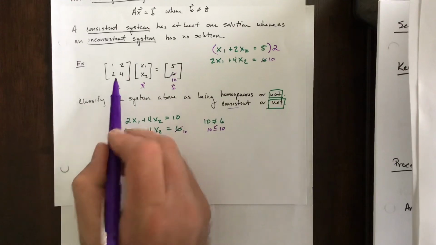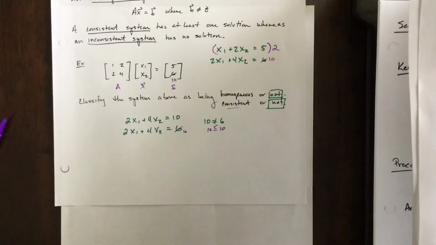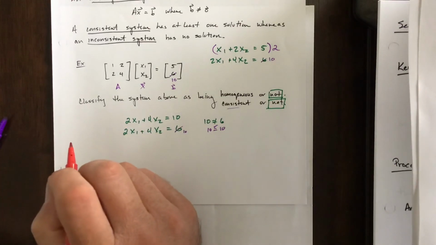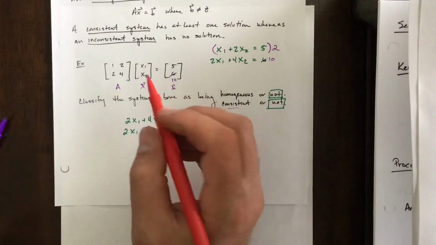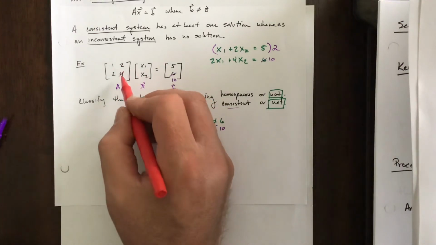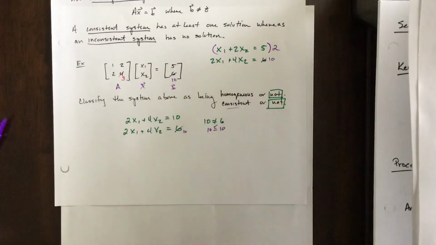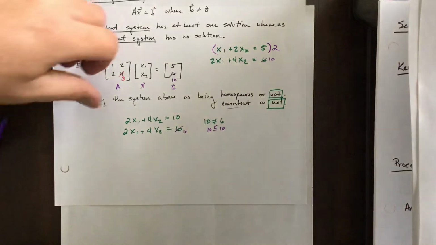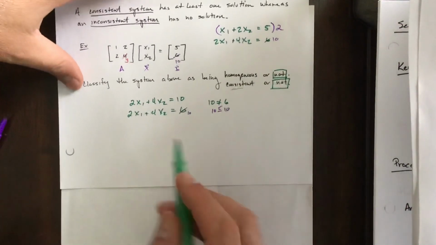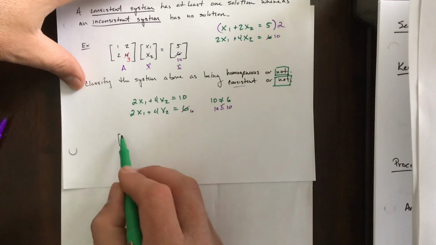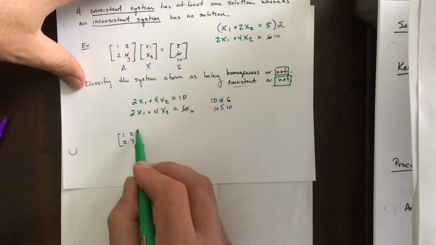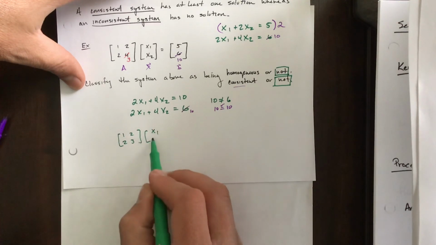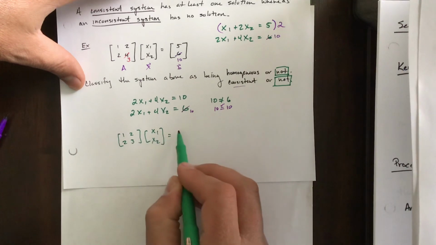I'll pose this as a question for you to solve. What would happen if we had changed the coefficient matrix and instead of a 4 wrote that as a 3? So for keeping track of all the changes, you would be looking at [1, 2; 2, 3] times [x1; x2] equals [5; 6].